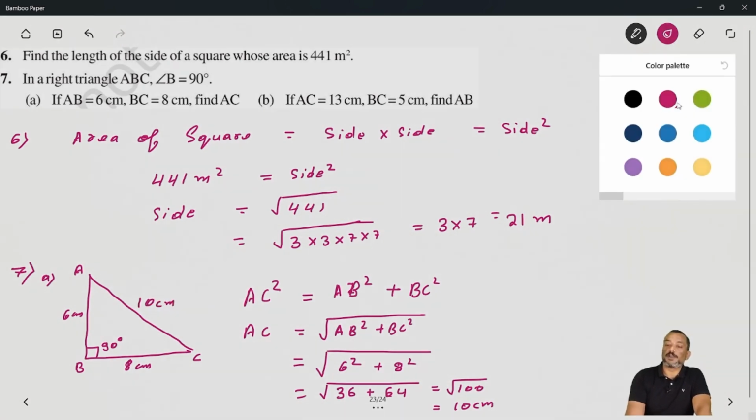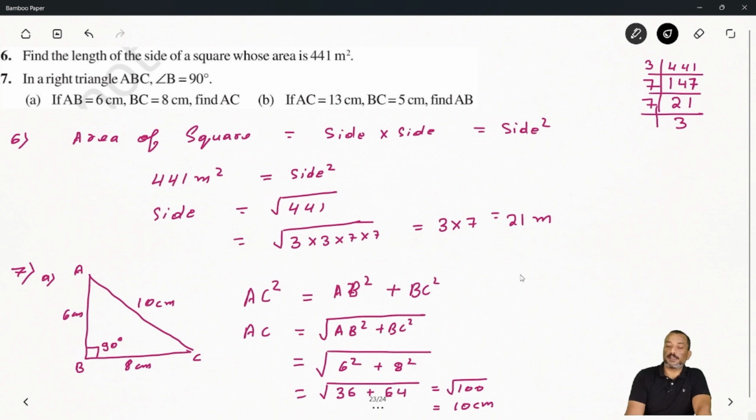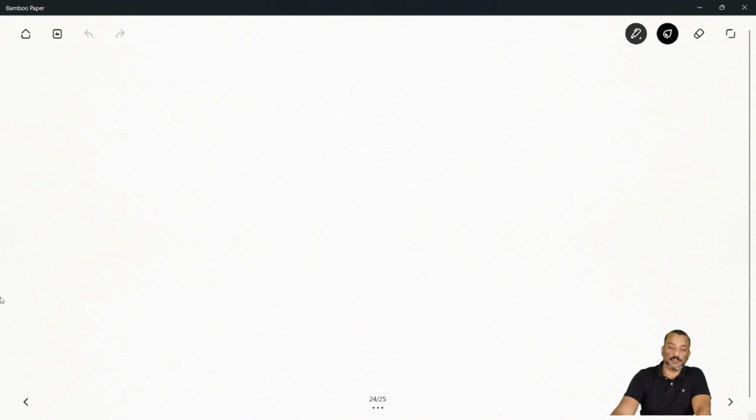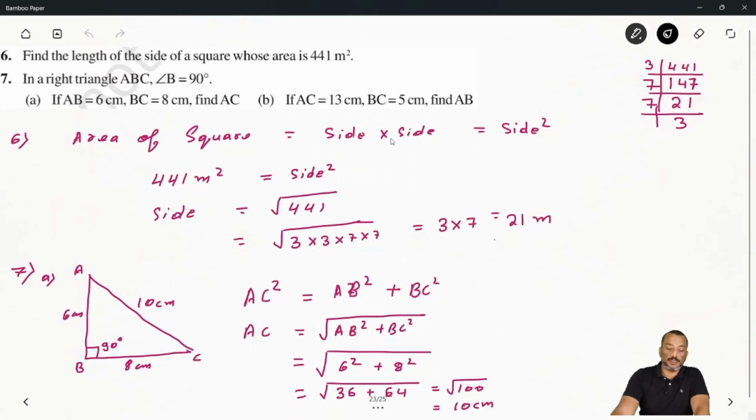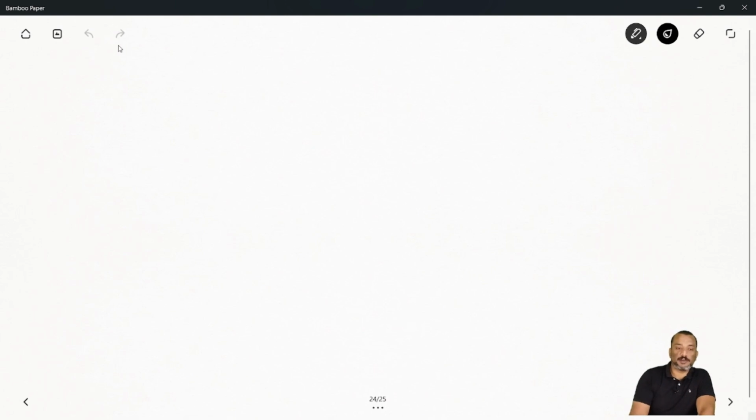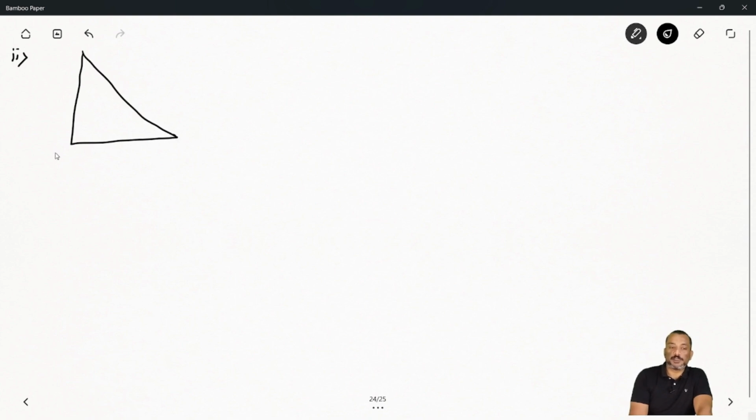Hope it's clear. Now in the same way you can find the next one also. The next one we will do on the next page. Let's see the first question. Again you have a right triangle where AC is equal to 13 centimeter, BC is equal to 5 centimeter. Find AB. First we will draw the triangle and give the names.